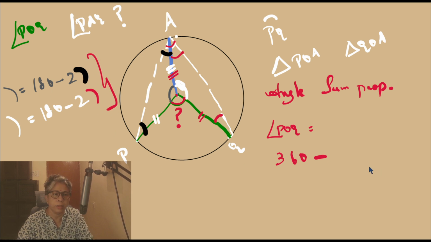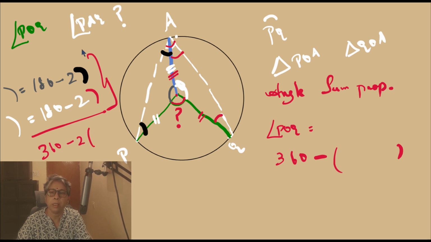When I add these two, I can write it here. What do I get when I add these two? I get 360 minus, let me take 2 as common, 2 times black plus red. Instead of rewriting, let me just subtract this from 360.